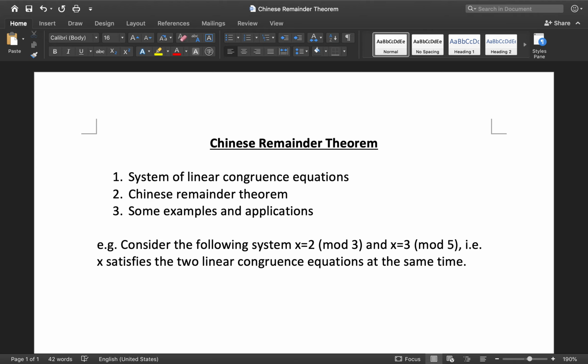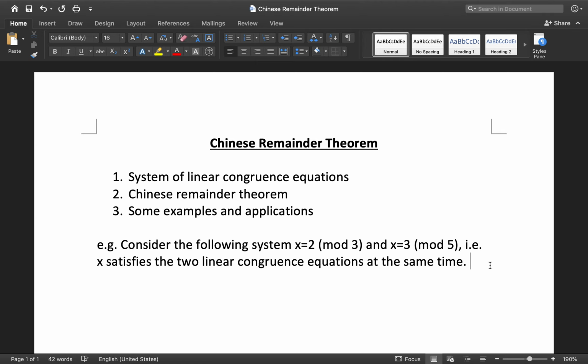So that is the more difficult problem compared with the last type of problem we have seen in the previous video, because here you have to solve two equations. How can you guarantee that your solution satisfies not just one equation, but two equations at the same time? That is the more challenging problem compared with the previous problems. So let's just see the method.